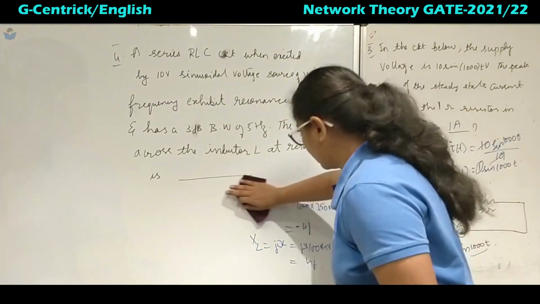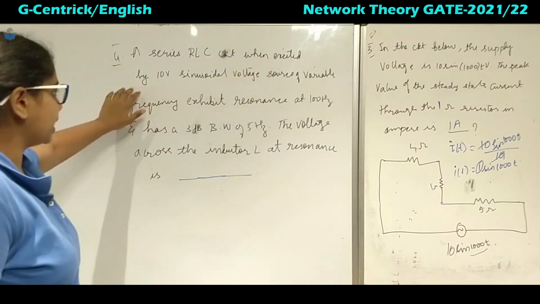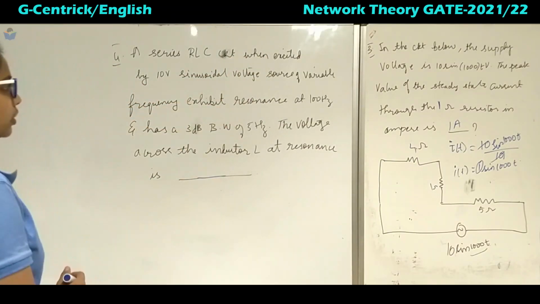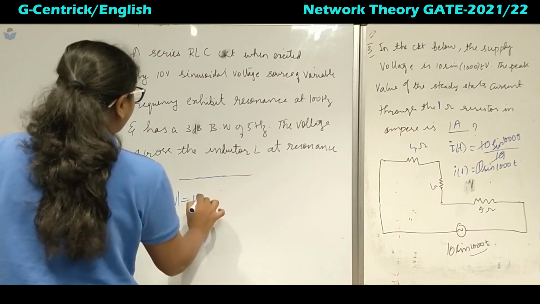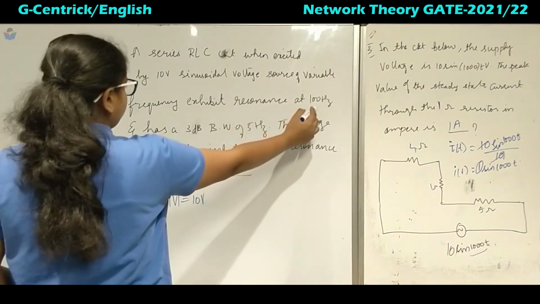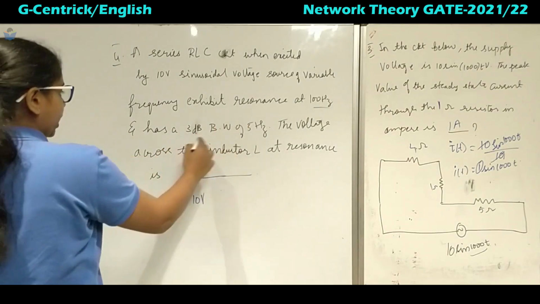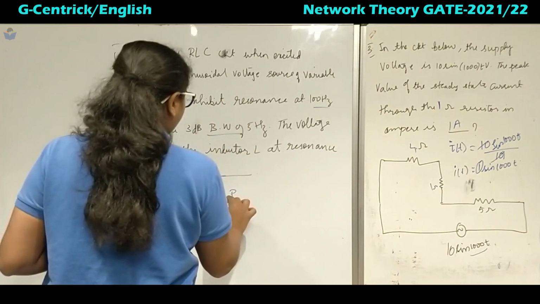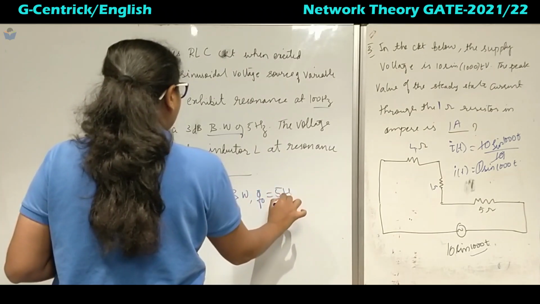Coming to this one, in this question we have a series RLC circuit excited by a 10 volt sinusoidal voltage source. They have given a 100 hertz resonant frequency and a 3 dB bandwidth of 5 hertz.